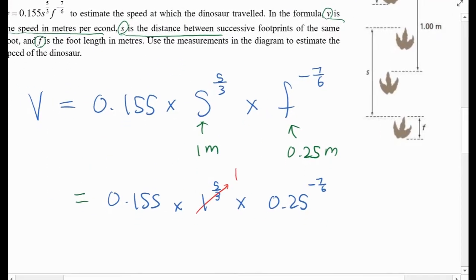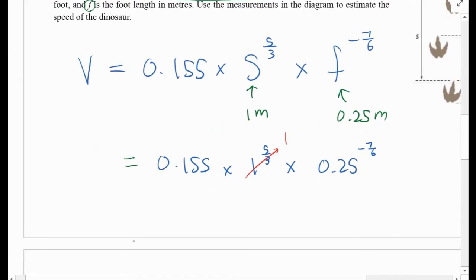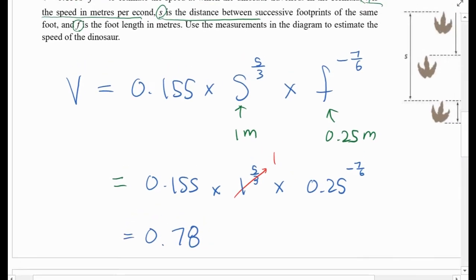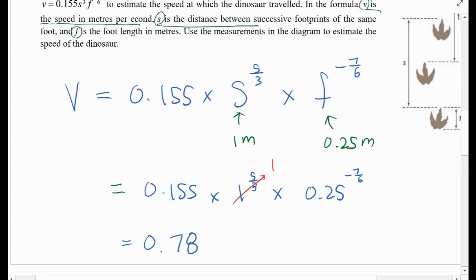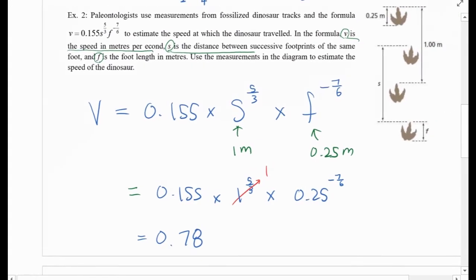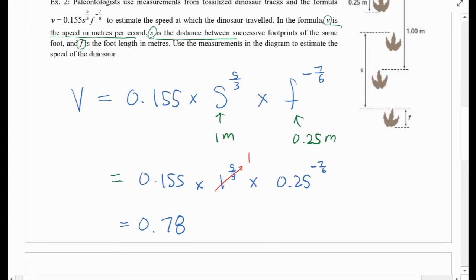So estimate the speed, 0.78. Let's keep 2 decimal places. Alright, so the answer is, it says speed meter per second. So 0.78 meter per second will be the answer. So when a formula is given, what you have to do is find the unknown variable and just put everything into the calculator. Then you will be able to solve the problem.